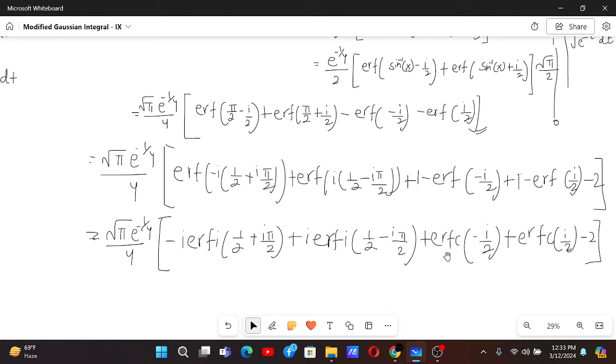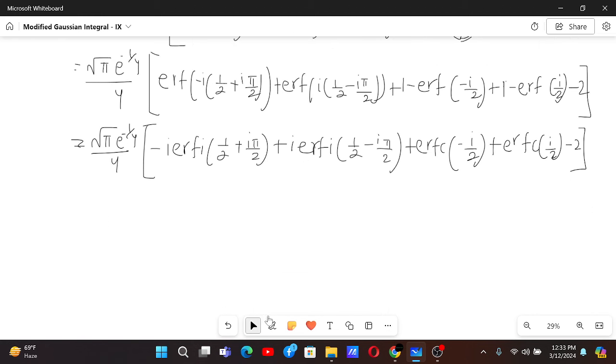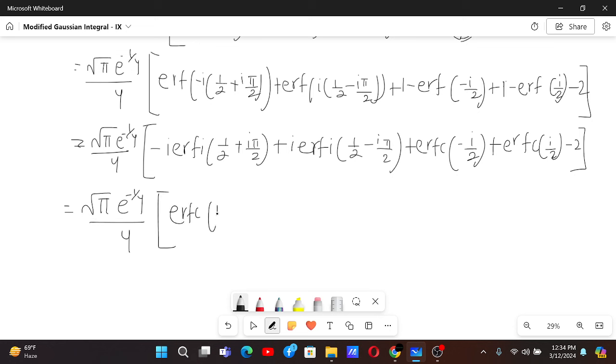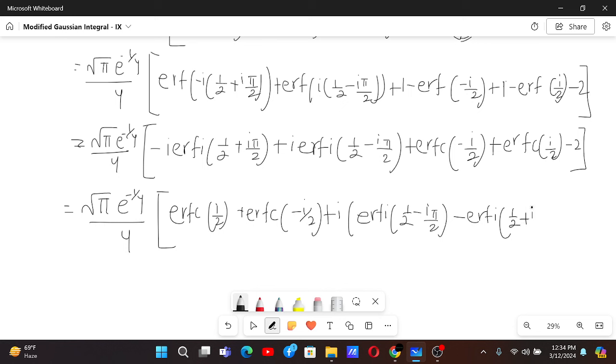Now let me group these two because they have I in common. We have root pi e to the power minus 1 by 4, over 4, and over here this is RC of I by 2 plus RC of minus I by 2, and then let me take the I common, and that gives me R phi of 1 by 2 minus I pi by 2, and also here minus R phi of 1 by 2 plus I pi by 2.